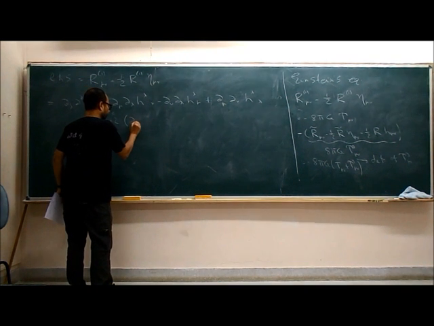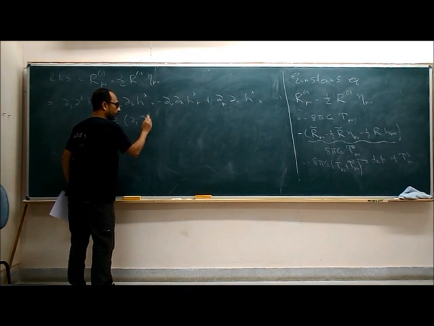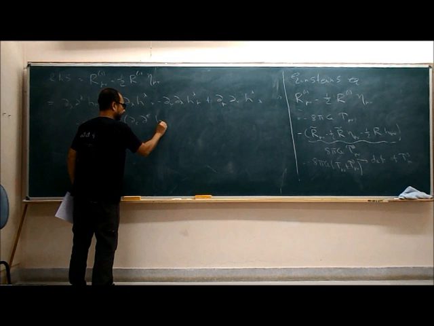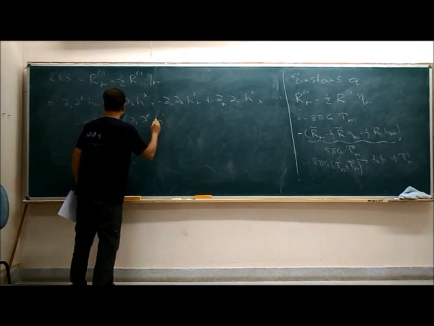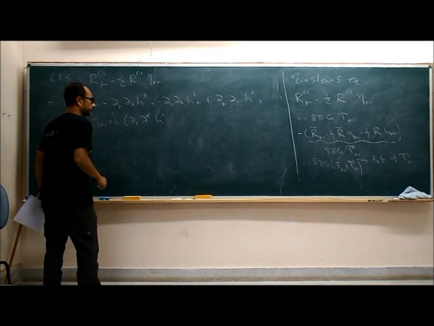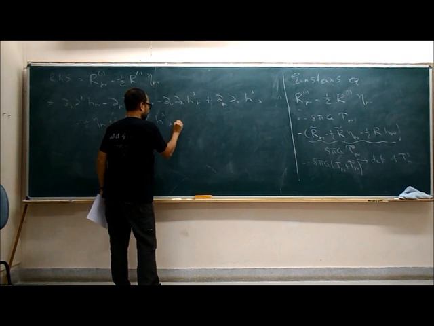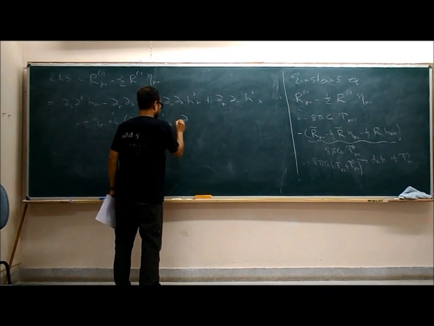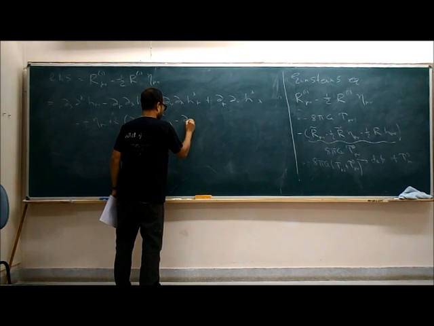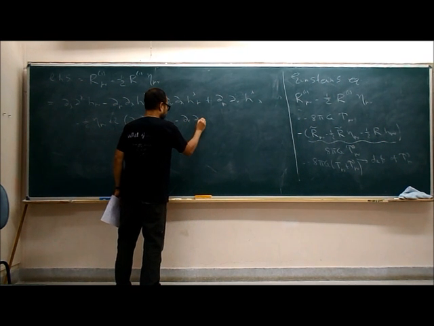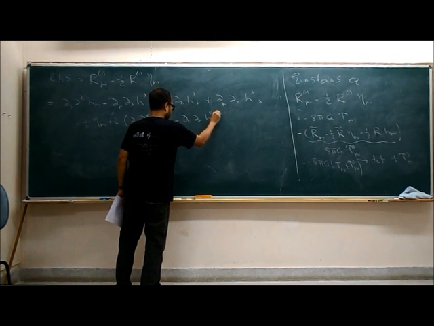So this is del rho H lambda lambda minus del rho del sigma H epsilon.